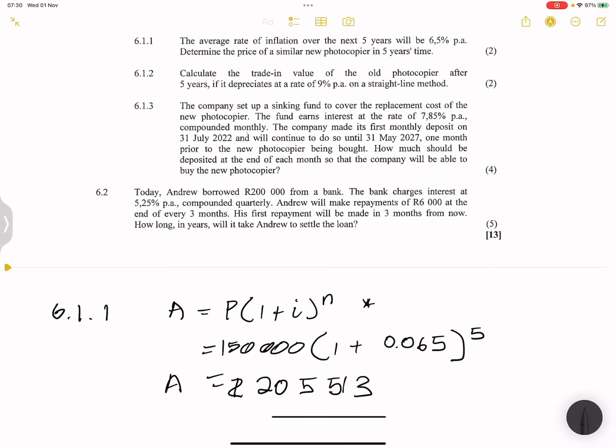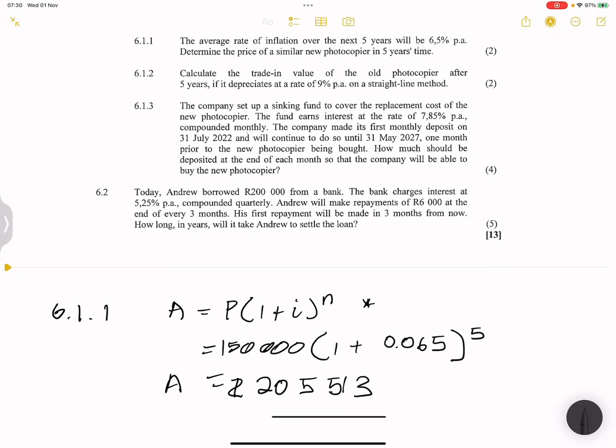But I want you to keep this in mind. They said we're going to withdraw this amount 1 month prior. I'm trying to look for that statement. They said 1 month prior, which means at the end of 5 years, it would have been 60 months, so that would be 12 months multiplied by 5. That should give you 60.